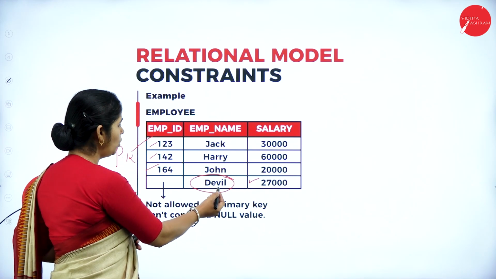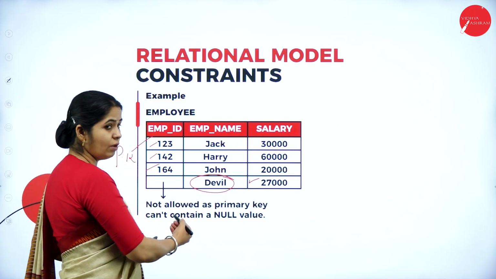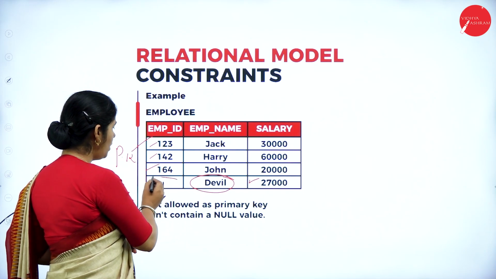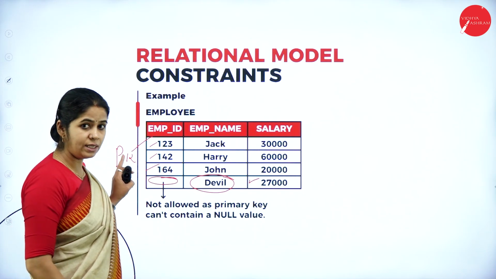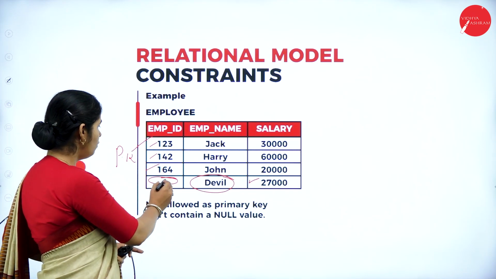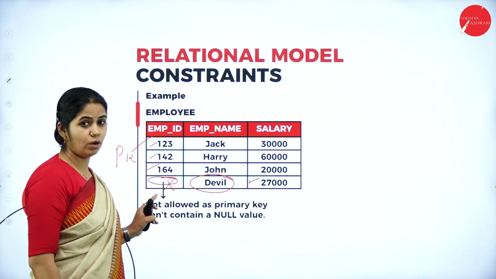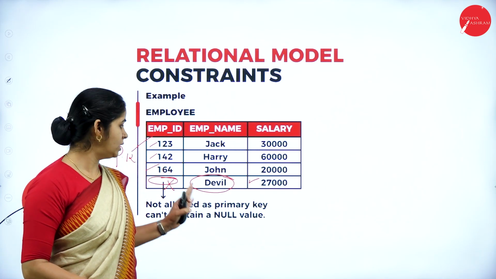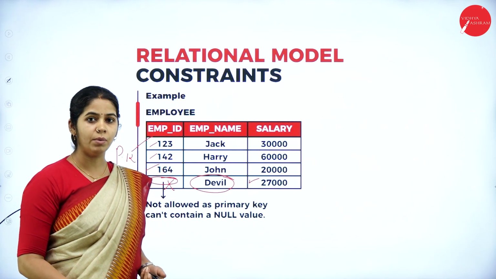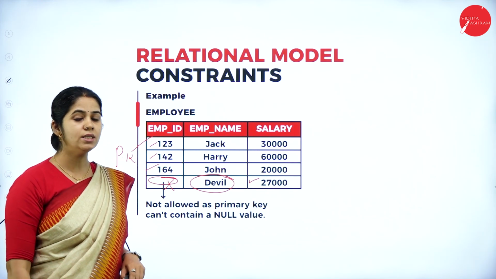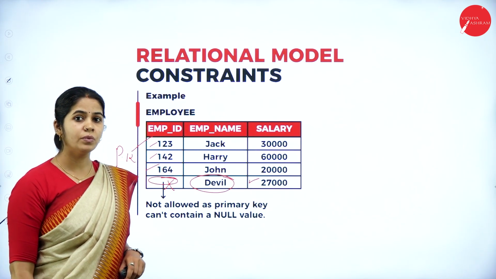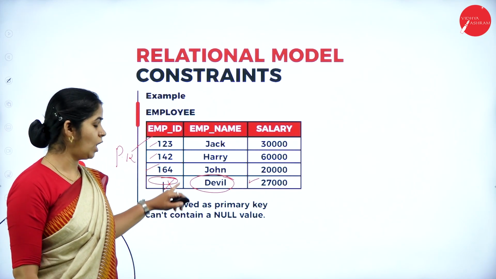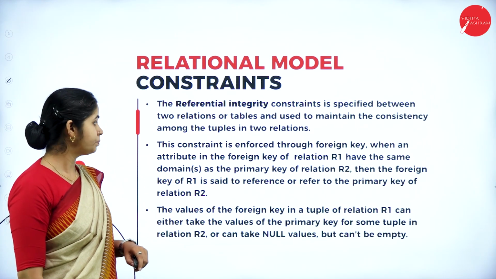But if I want to access the record of this particular employee Devil, how am I accessing it? I am accessing using the primary key, which is not present here. So I cannot access the details of the employee table without a primary key. That is the constraint we have in the entity integrity constraint. The primary key value should not be null.